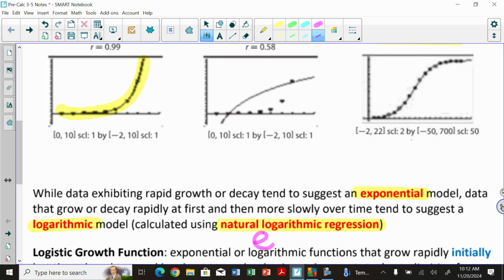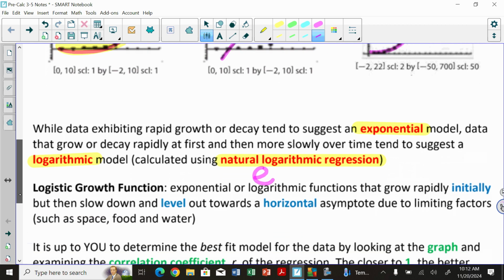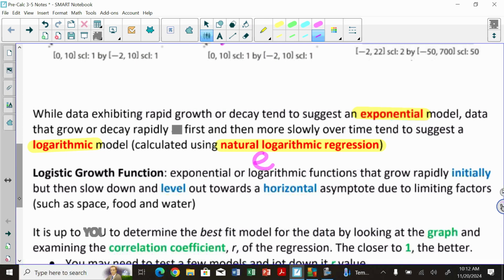Now, just thinking about that, right? If you take a look at these, this graph here is exponential, it goes up really fast. This one goes up at a rapid rate, but then starts to level off, right? And same thing here, it goes up and then starts to level off. That's what they talk about down here with a logistic growth function: a lot of times it goes rapidly right away initially, but then it'll start to level out.